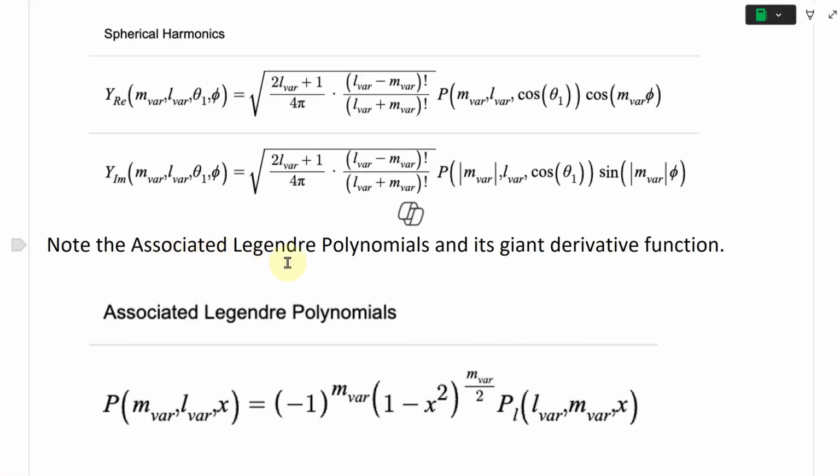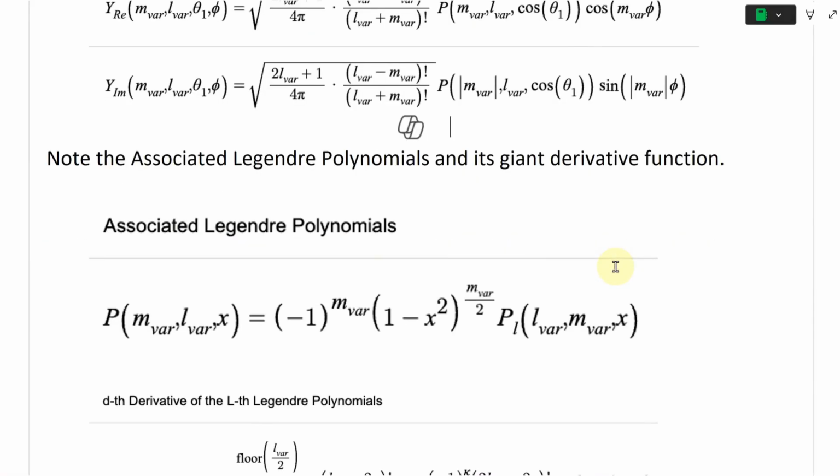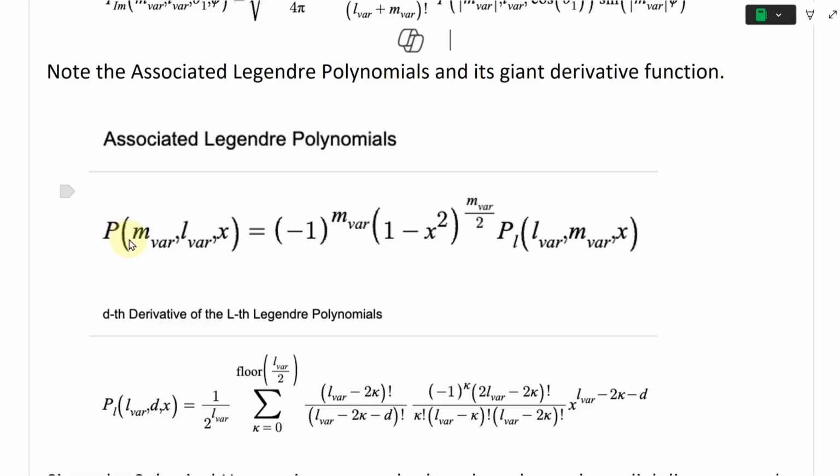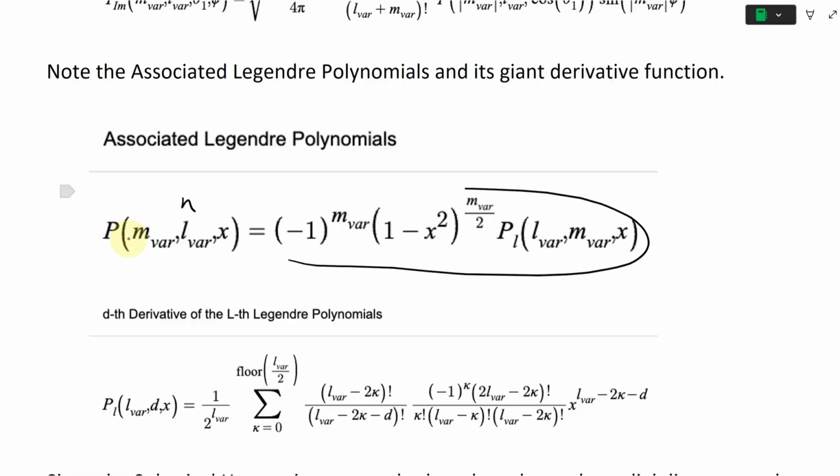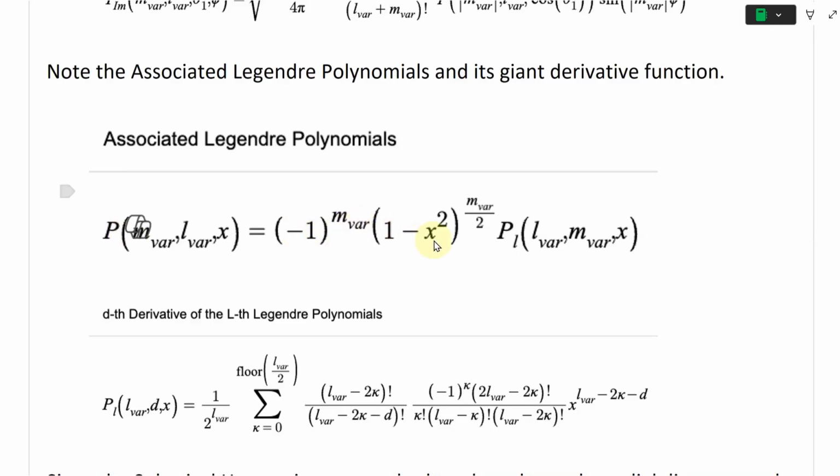Note the associated Legendre polynomials and their giant derivative. So here it is, the associated Legendre. There's the m, l, but ours is n, and so on. There's the negative 1 to the power of m, and 1 minus x squared, and so on.